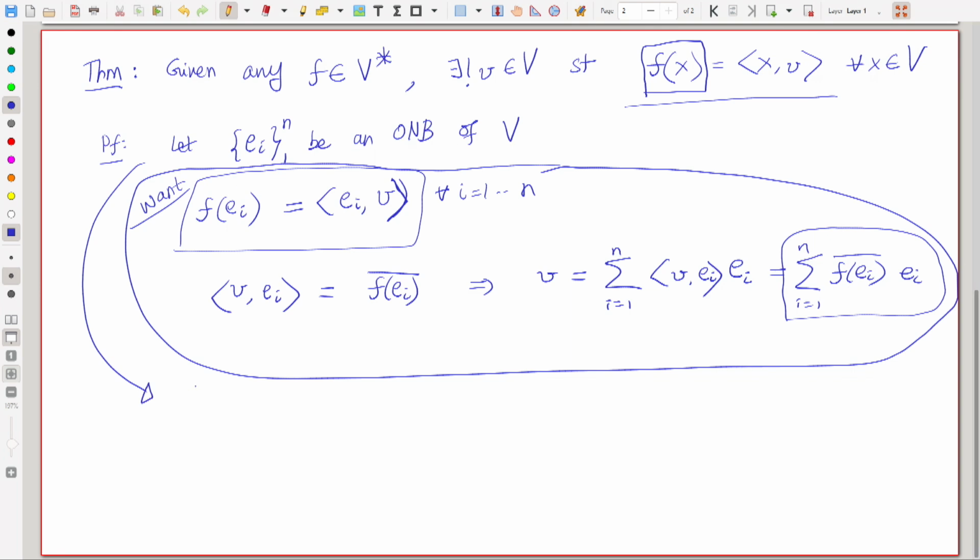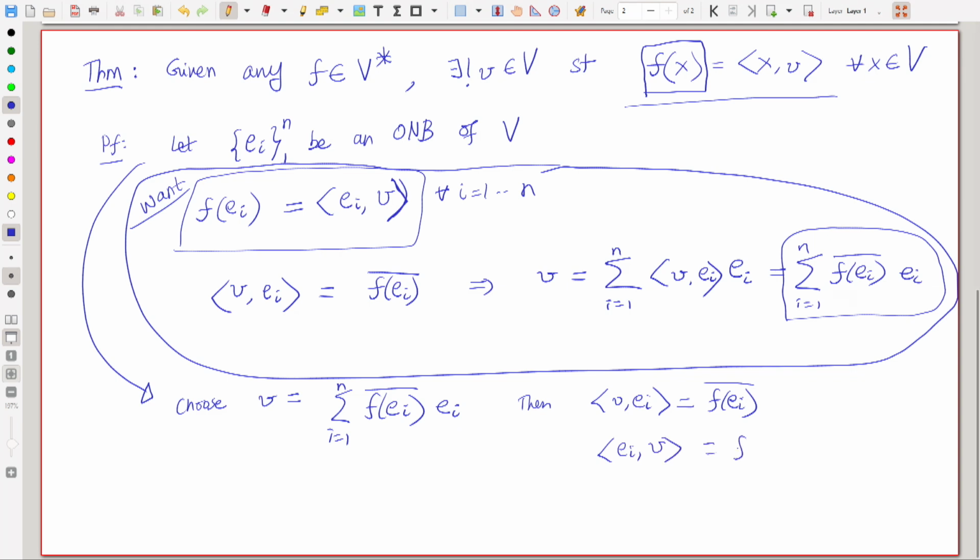So, let e_i be an orthonormal basis of V, and choose v to be this particular special vector. Then it is just a question of checking, and the checking is what we have already done. So the inner product of v with e_i is the conjugate of f of e_i, and so the inner product of e_i with v is f of e_i for all i, and we are done.